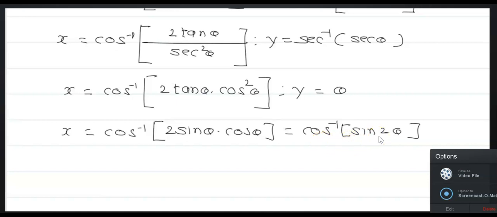Now here is a sin theta. We will require the cos theta. Therefore, convert this sin of 2 times theta, that is equal to cos of pi by 2 minus 2 theta.